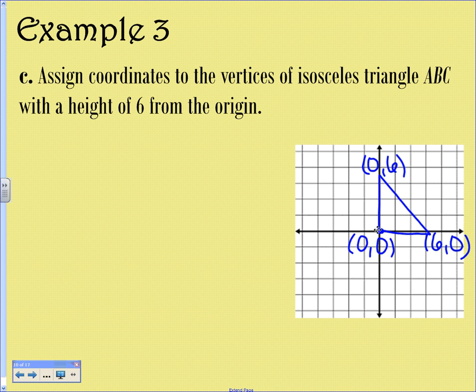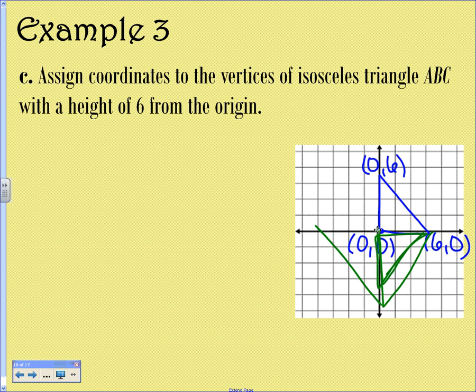Nobody did this one. I thought about this. Is it isosceles? Yeah. And it has a height of 6, right? Yeah. You could put it down here. Or you could do a right triangle.